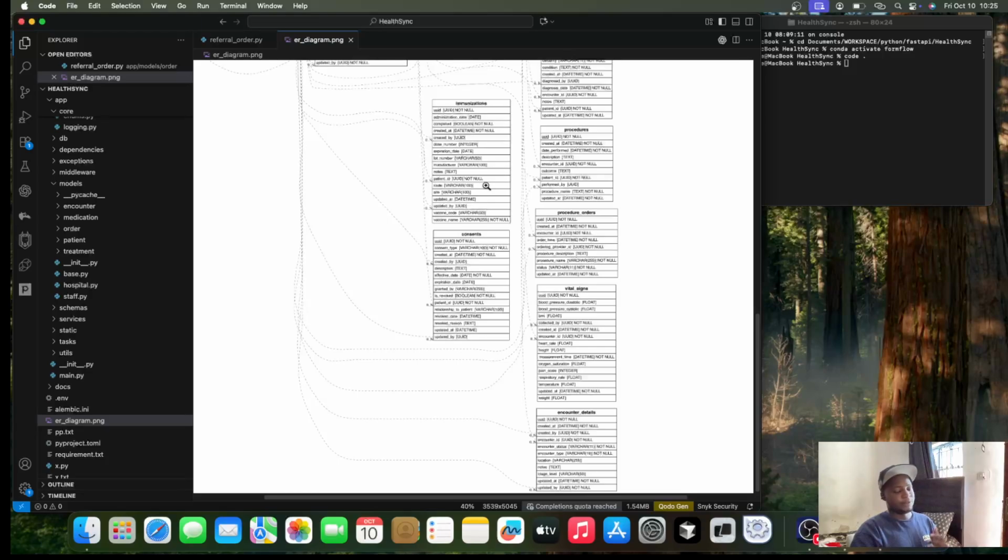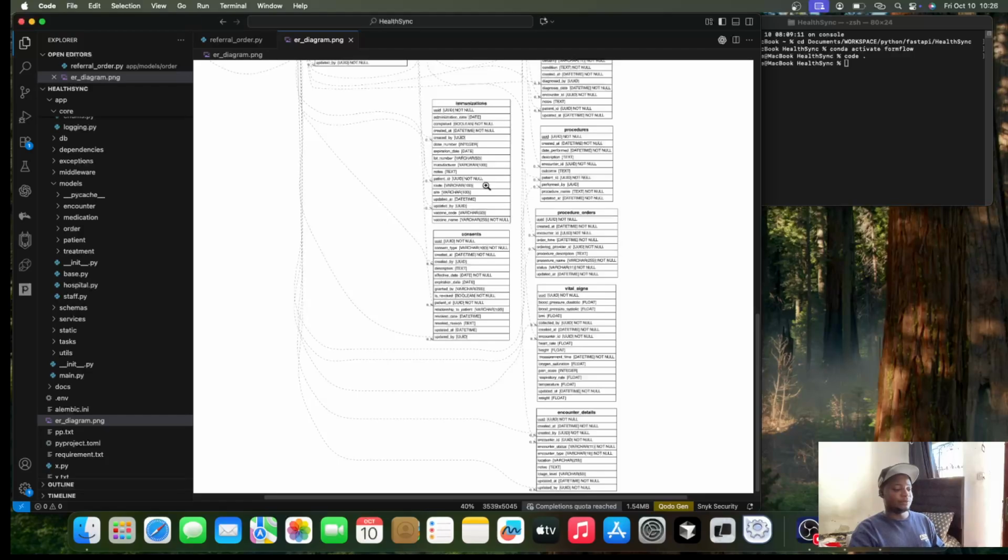Right now I've completed the database setup, and the next steps will be building the microservices, like the auth service, the encounter service, and stuff like that.